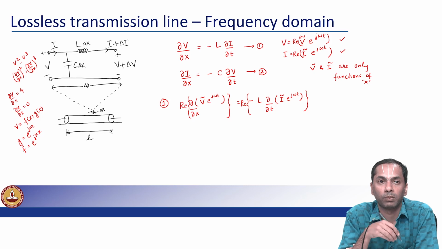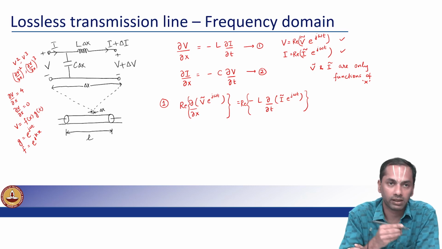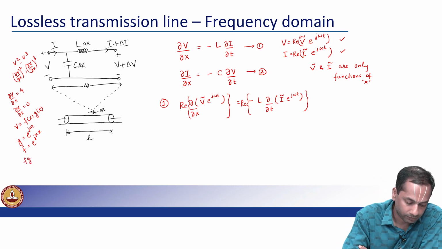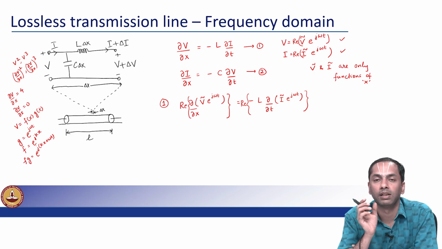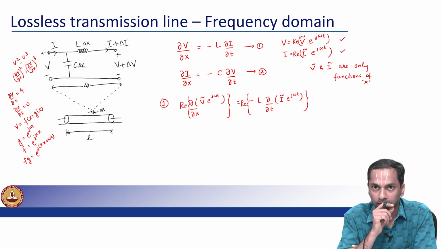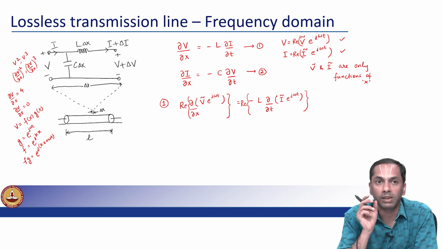So now if I were to multiply these two, you can notice that f times g gives us e to the j (kx plus omega t). Now you can see that the t and x can combine, in the way we want, right? So keep this in mind.